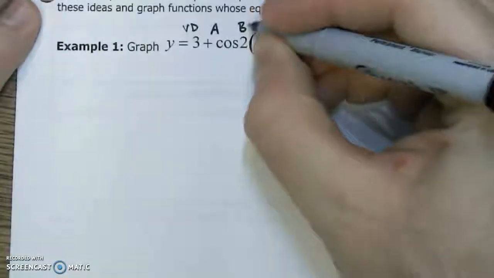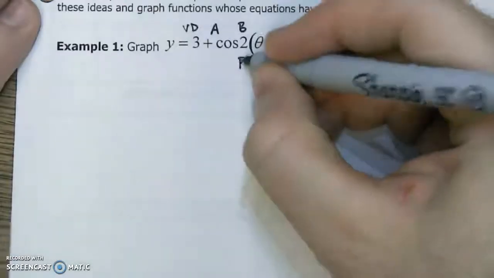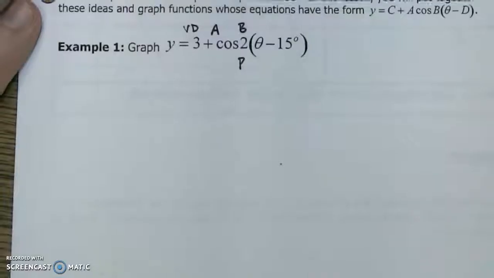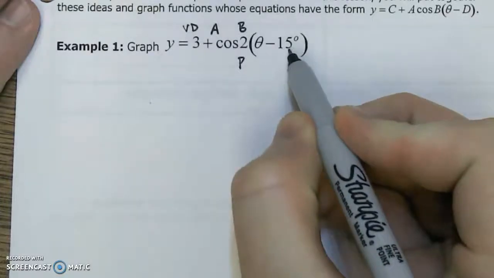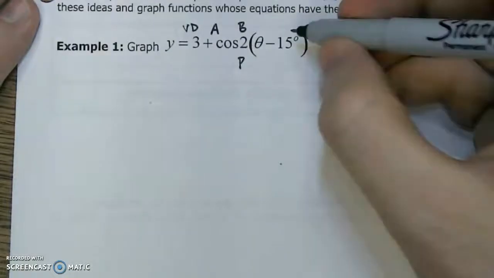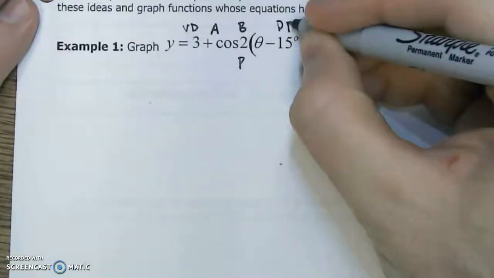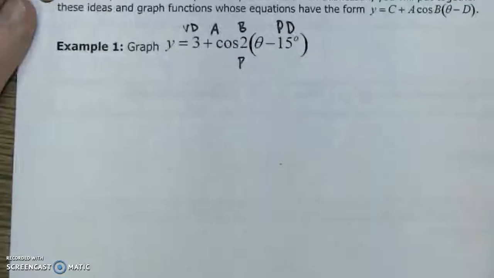Your B value, which is how you find your period, is always in front of your parentheses. If you're looking at another website, this might have already been distributed in, so you'd have to factor it out. But I always have it factored out for you. And then your phase displacement is being subtracted inside the parentheses.